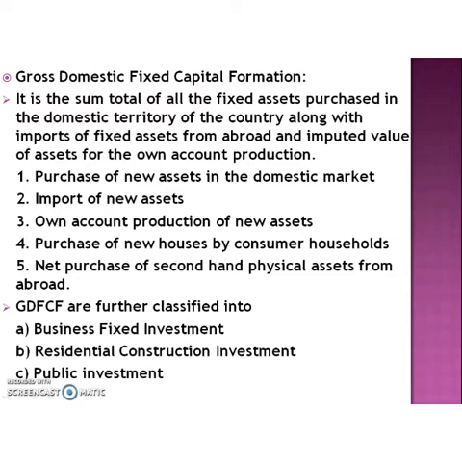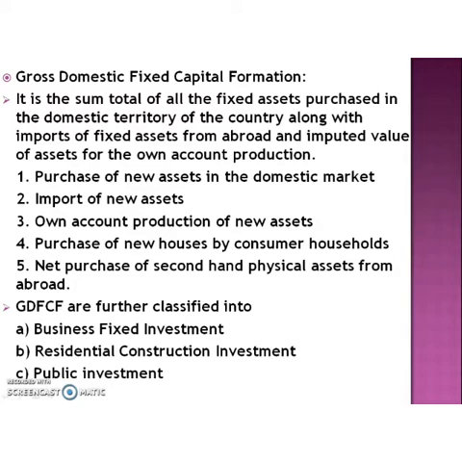And also the third classification is public investment. It refers to the fixed nature of capital formation or investment made by the government in the direction of ensuring general welfare. For example, construction of hospitals, construction of dams, all included in public investment.